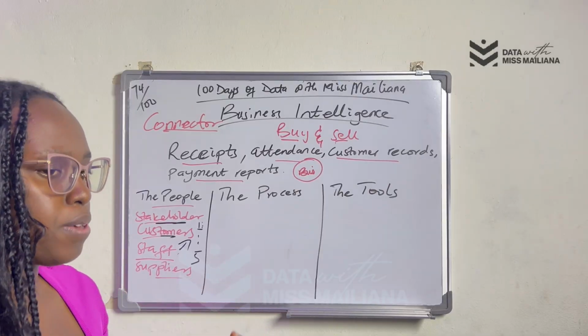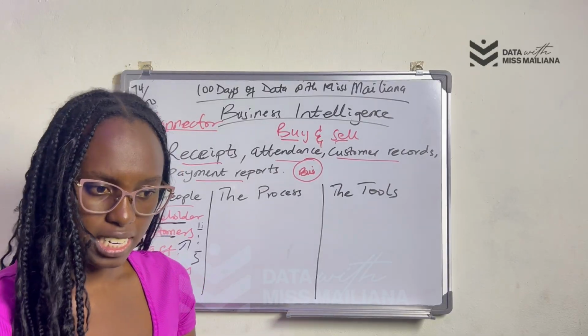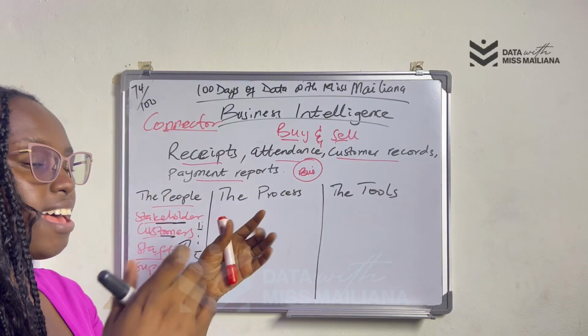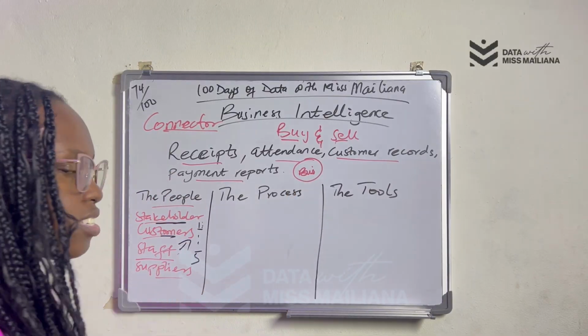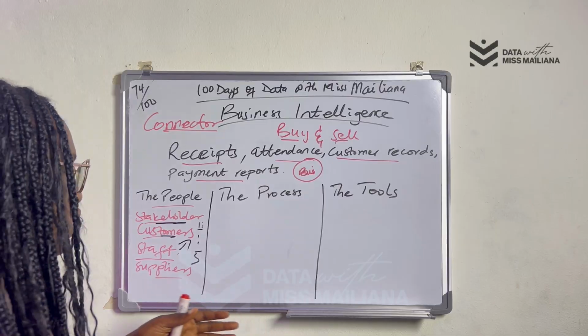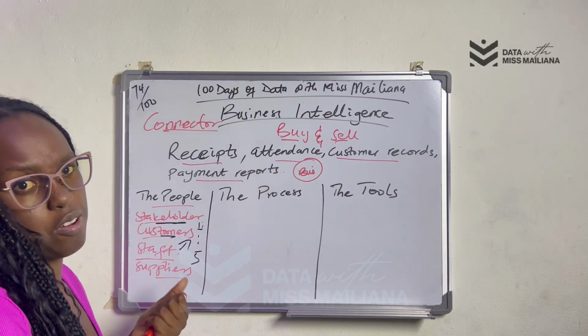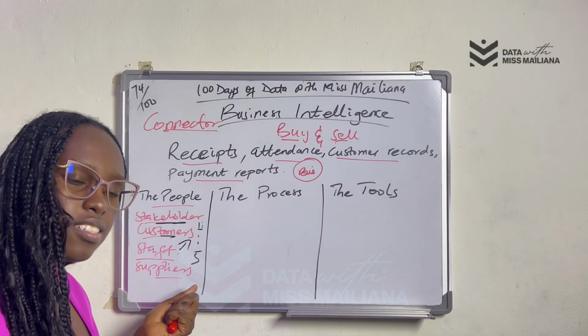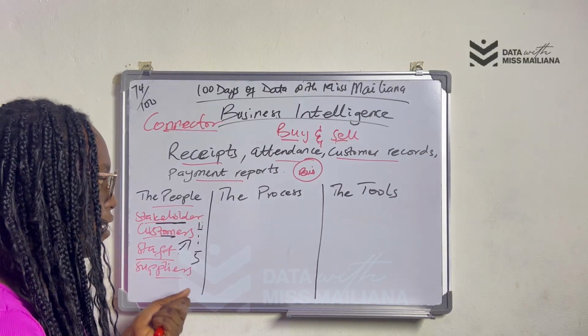If we need more people to get more money, like marketing and all those things, those stakeholders and that intelligence has to come into play. Then the staff break it down to know what to do. Then the suppliers that will bring you the goods, if we have to expand and get new suppliers, all those things have to come in.